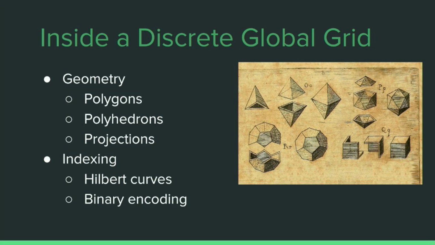Just this idea of how can we put together these geometric shapes that either tile or make what are called polyhedrons. So on the geometry side, when we're putting together a grid system, we're going to be looking at polygons, polyhedrons, and projections. And then the other side of a grid system, to actually make it useful, is a method of indexing, how you can give each one of these cells some kind of identifier.